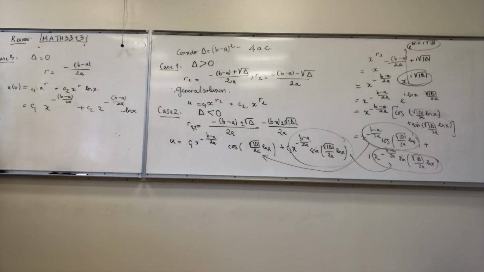So in the constant coefficients case, when delta is 0, you have C1 e to the r plus C2 e to the r times x.